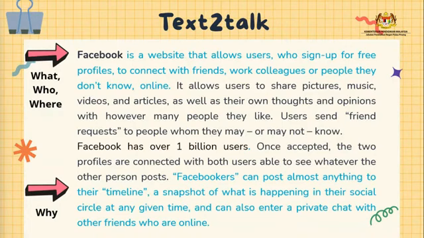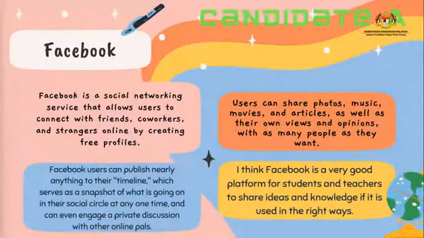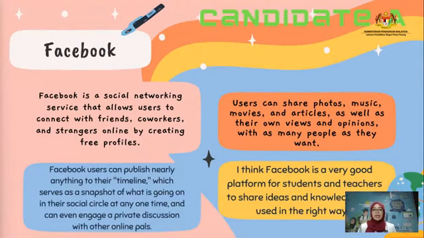Now, remember just now, teachers, I've given you a text on Facebook. Let's say this is your candidate A. Candidate A has to give about 4 to 5 sentences. From the text, they will take out sentences and use them for their Part 2 task in the speaking test.